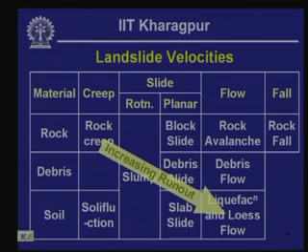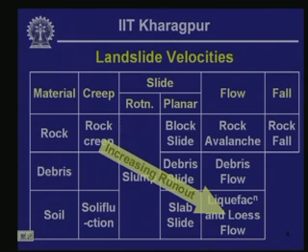So, the runout is going to be much larger in case of liquefaction flow, loess flow or mud flow. On the other hand, when you are talking about creep movement, then the distance which is going to be traveled by the unstable mass is going to be quite small.